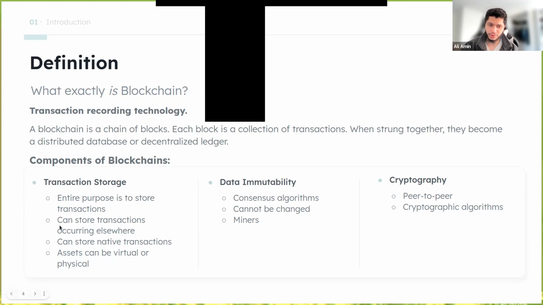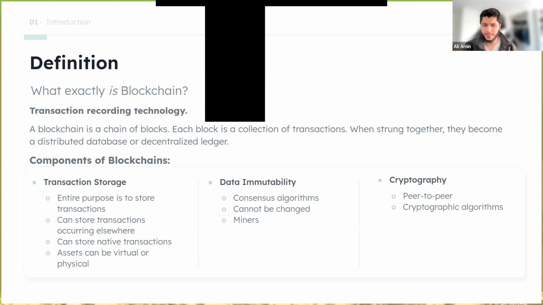It can also store transactions which are occurring right on the blockchain, native transactions, or transactions which are happening somewhere else. It would store those by getting information about those transactions and then keeping it on the blockchain. What kind of things can be sent? It could be physical things, real things, or virtual things. We'll talk more about that.